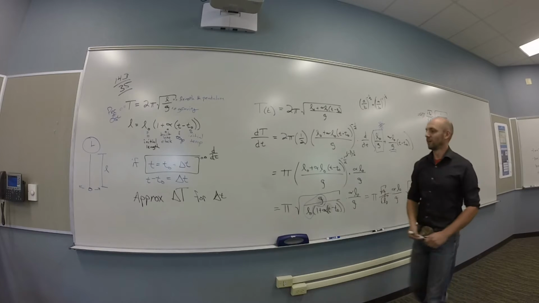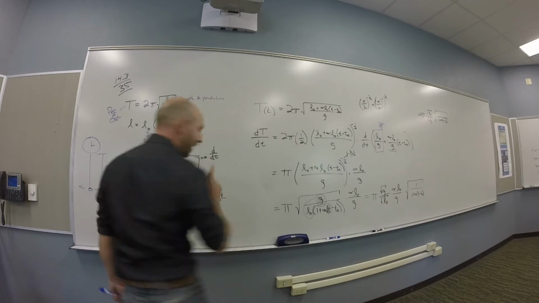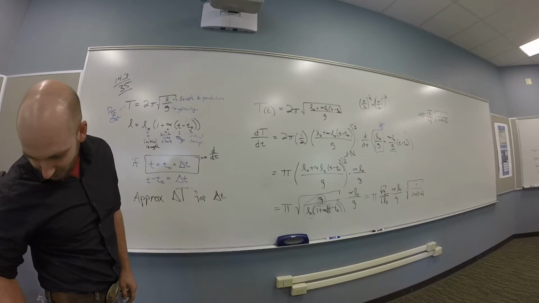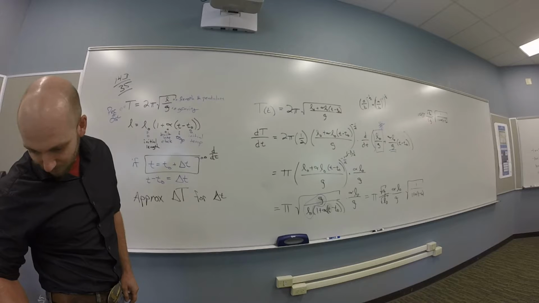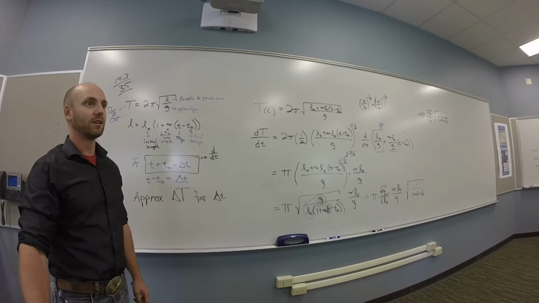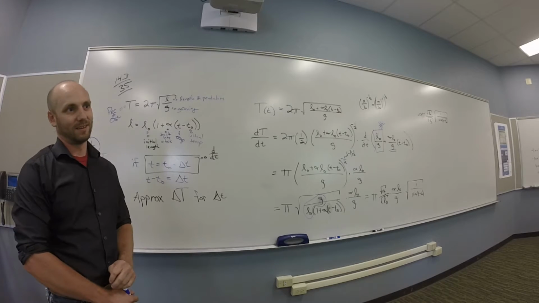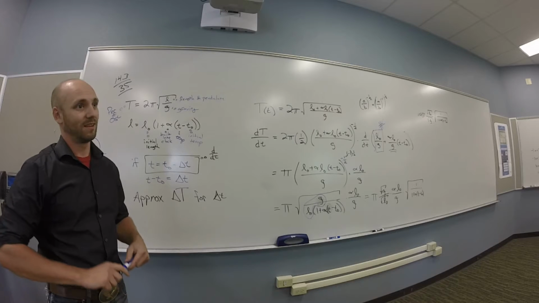Okay, so let's see. They tell us that T is the oscillation in seconds of a pendulum clock, right? What does that mean? Means that T would be a period.